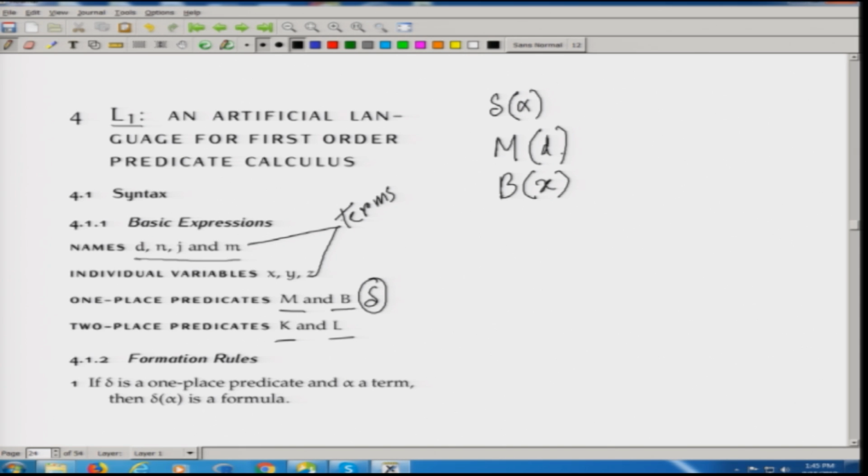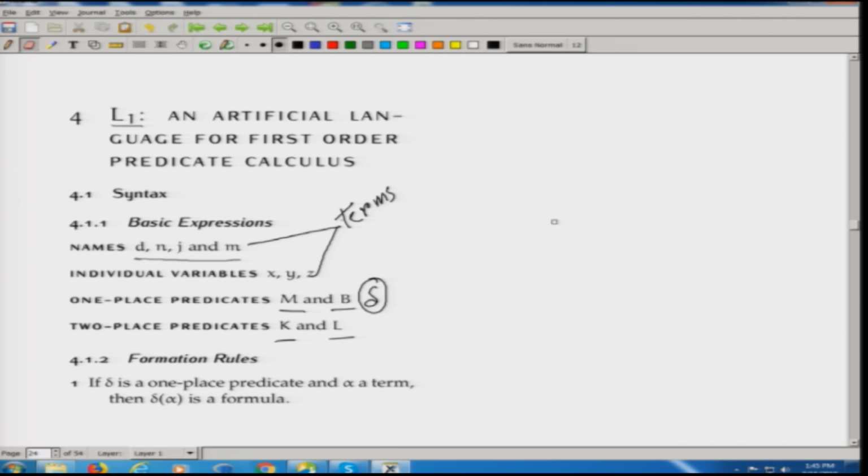So I can make many different formulae by using this rule. What is banned is that you cannot have something like DM. This is not allowed, but these are fine.